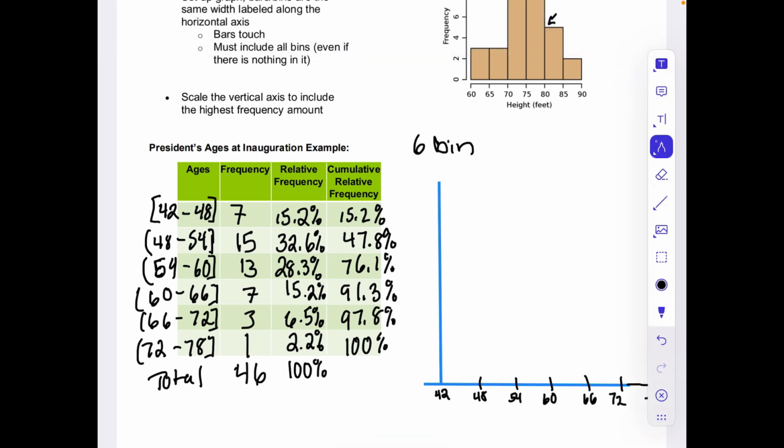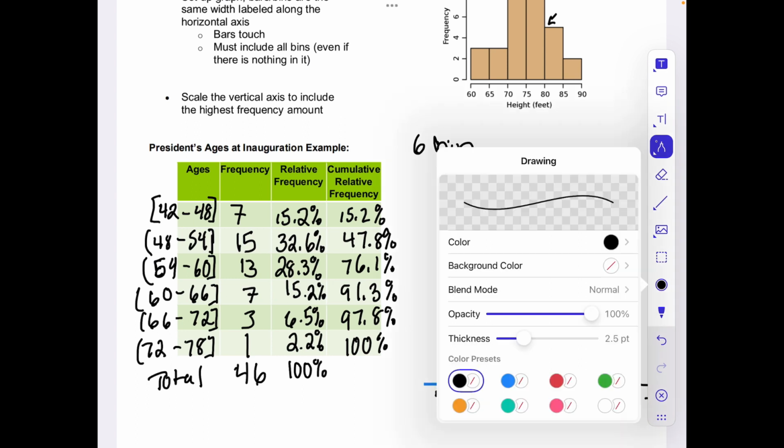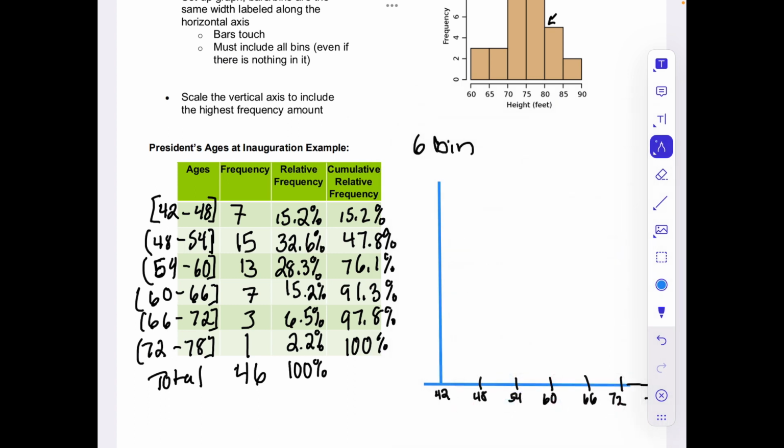Now we also want to make sure we label the vertical axis, and that vertical axis we're going to label with the frequency numbers. So we need to get up to 15. You can count by ones or you can count by higher. This time I'm going to count by ones. 1, 2, 3, 4, 5, 6, 7, 8, 9, 10, 11, 12, 13, 14, 15.